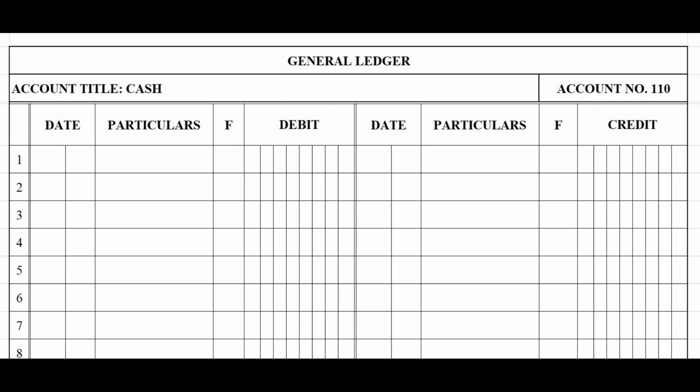As you can see here, I have prepared the general ledger for each of the accounts. I based the account titles on the given accounts in the problem, except that I just added account numbers so that we can also have an illustration about referencing, the posting reference and the journal reference or folio.